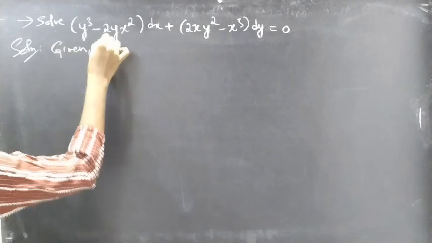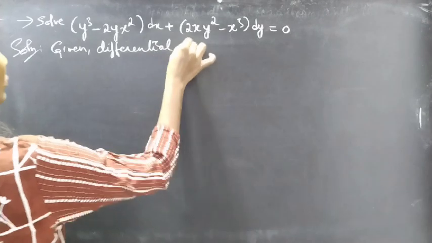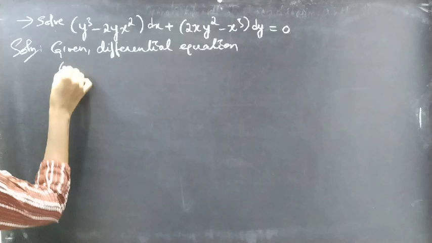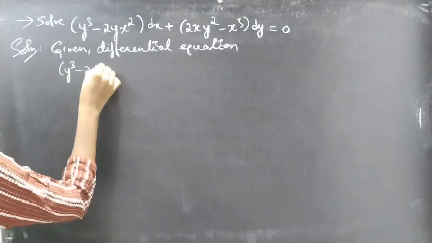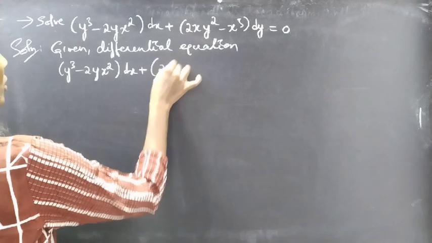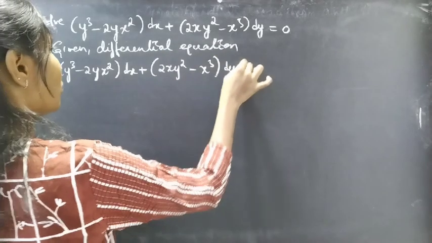Given differential equation, (y cube minus 2yx square) dx plus (2xy square minus x cube) dy equal to 0.